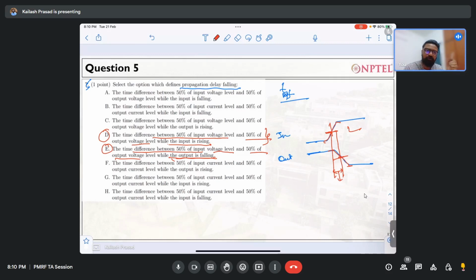There will be some input which will be changing. It can be going from 0 to 1, or it can be going from 1 to 0. So the answer will be only the fifth one.